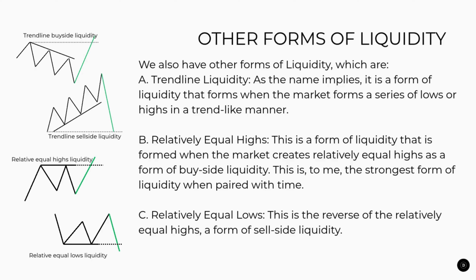And at some point, price reverses and takes out all the resting stop losses and monies above these highs, right? So we refer to this as a trend line buy side liquidity, which most times offers low resistance liquidity runs.